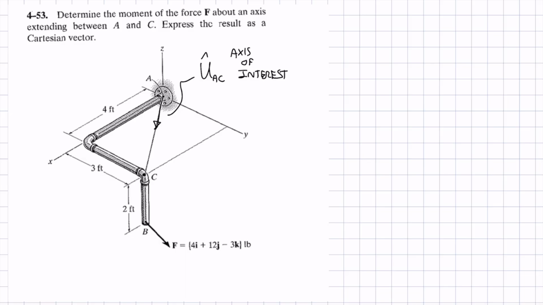Another quantity we're going to need is a position vector that points from any point on the axis of interest to any point on the line of action of the force. The easiest one to do here is to draw a position vector that goes from point C, which is on the axis of interest, to point B, which is really the only point we can determine on the force vector's line of action.